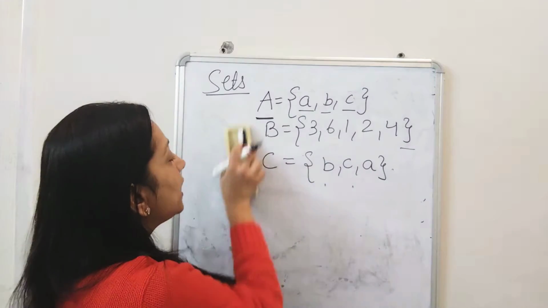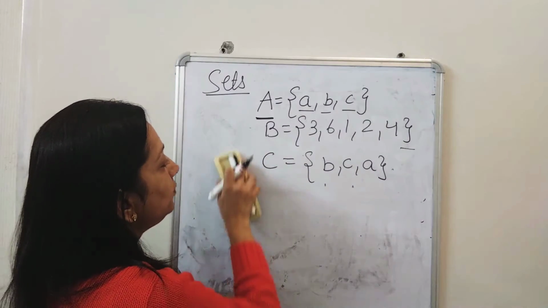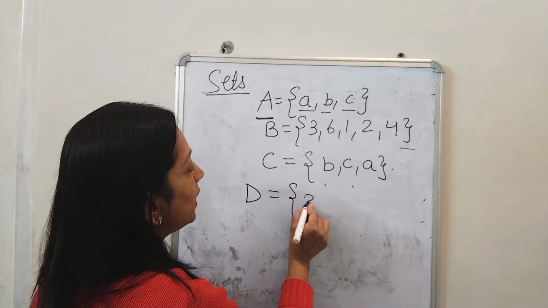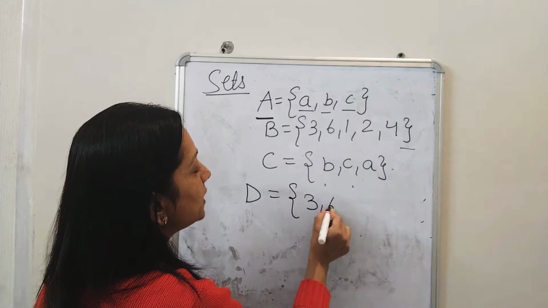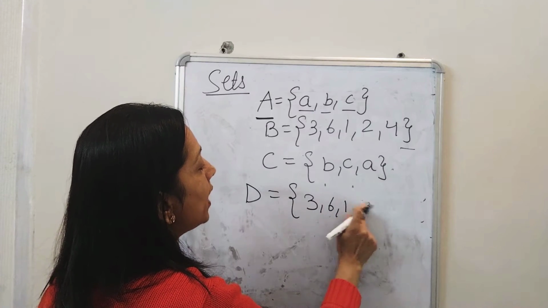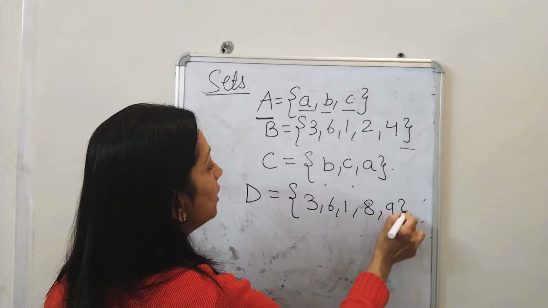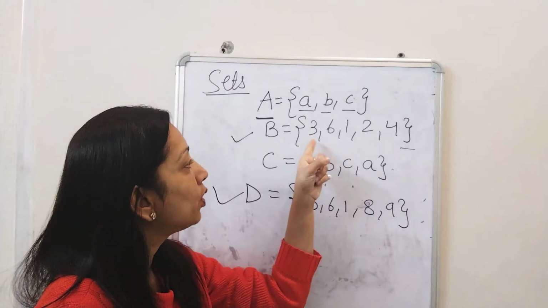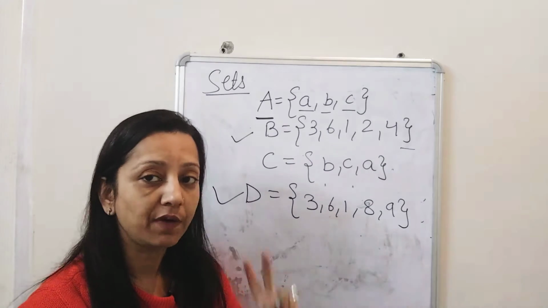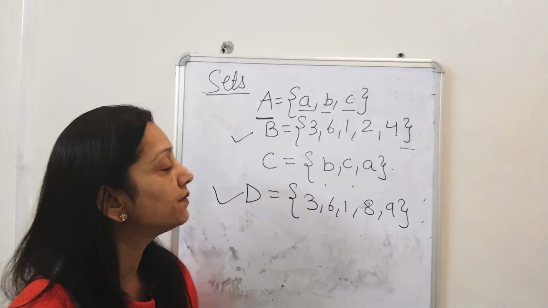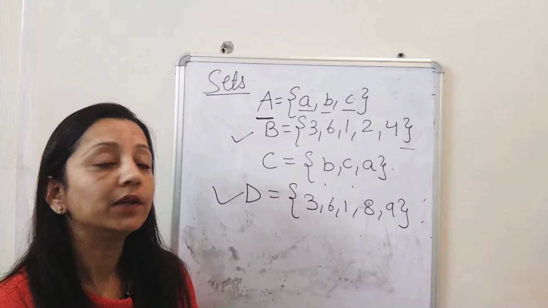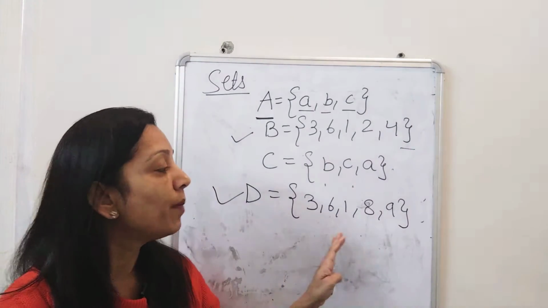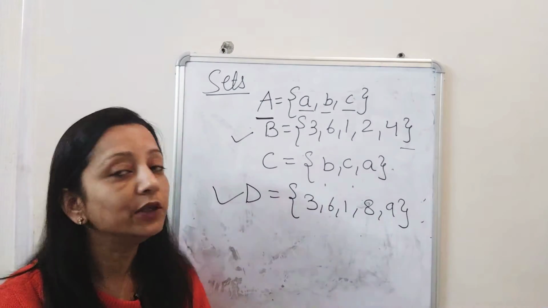Now, if I take another example of a set D. In set D, say for example, I have 5 elements again: 3, 6, 1, 8 and 9. Again we will see if D and B are equal or unequal. Now here B also has 5 elements and D also has 5 elements. So the first criterion, they are satisfying. Then moving on to the second criterion, what does it say? The values of elements must be the same, no matter in what order they are, but their values must be the same.